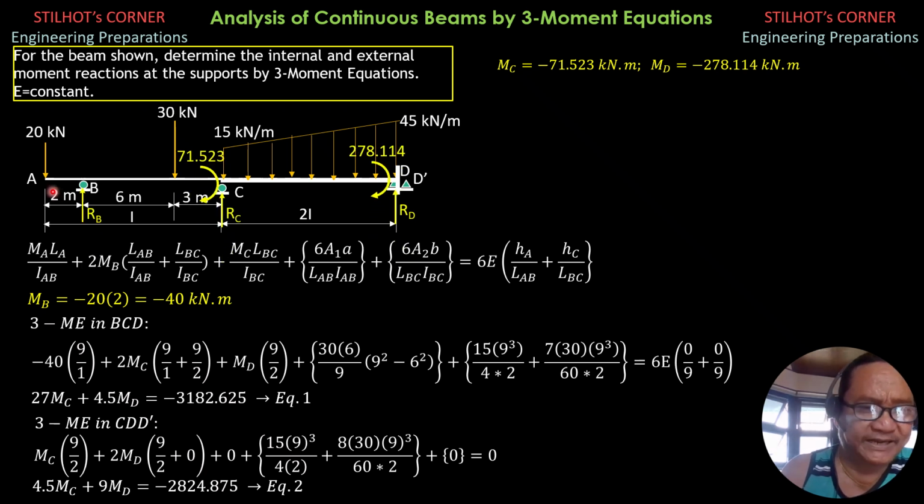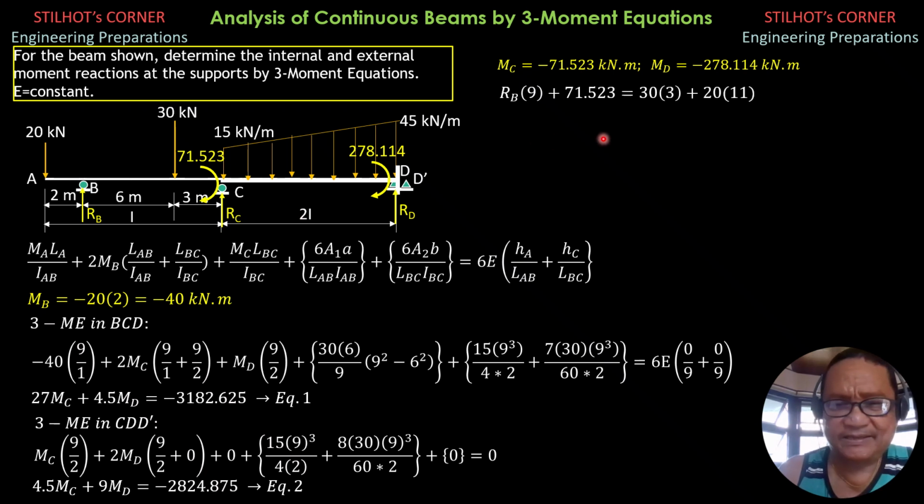So considering ABC, summation of moments about C equals 0, so positive clockwise, RB times 9 plus 71.523 equals 30 times 3 plus 20 times 11. So we can now compute RB. RB is equal to 26.497 kilonewtons.